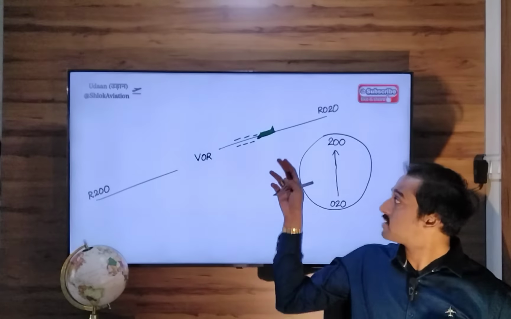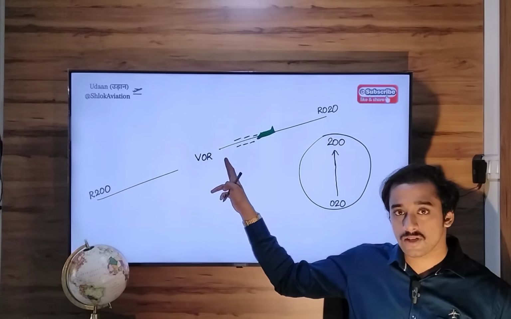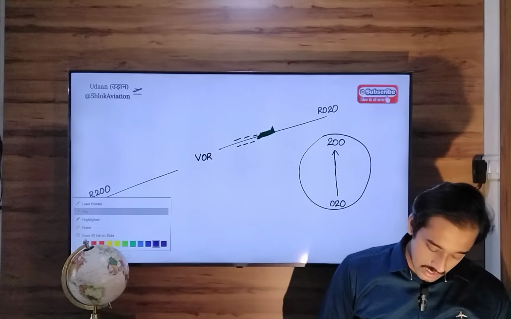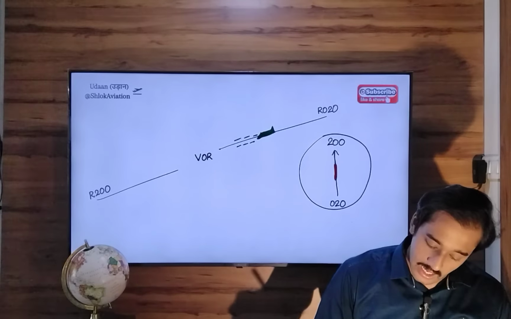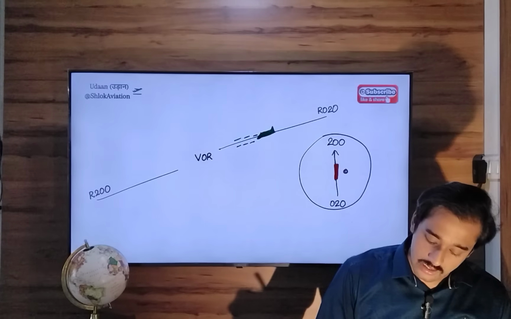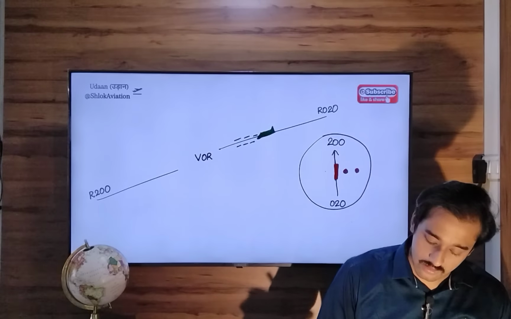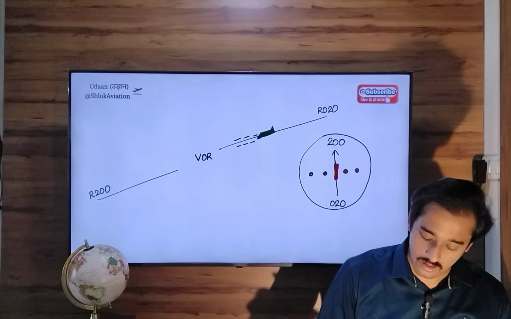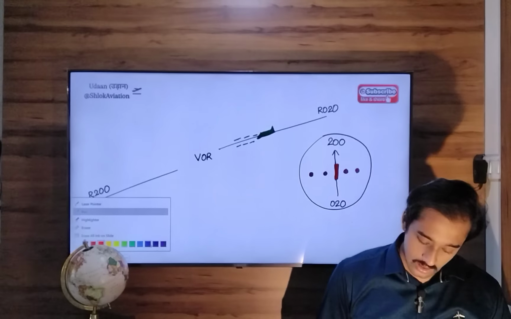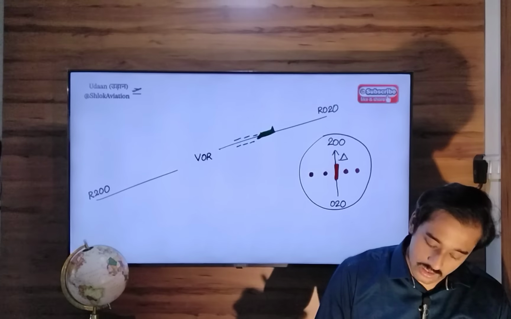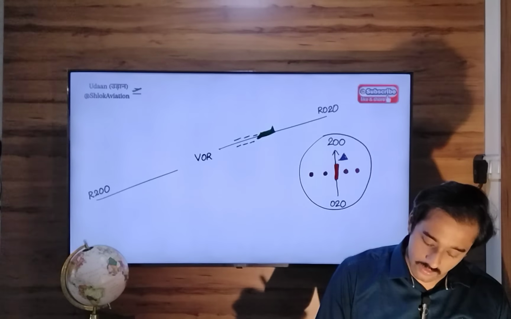Now if the aircraft is tracking right on the center line of this radial, okay, the CDI needle will remain in the center. Okay, and the to-from indication here is shown to be to.